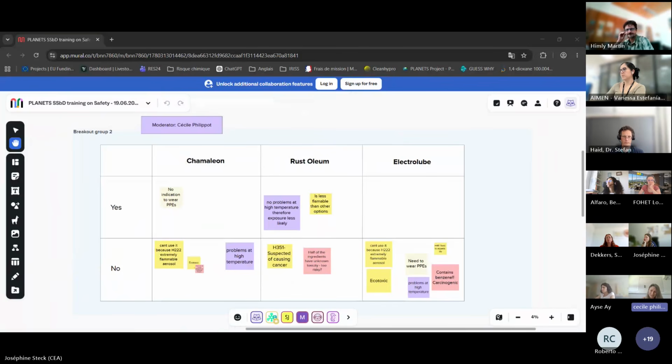So in our group we put the Rust-Oleum first, and do not consider the two others for the moment.